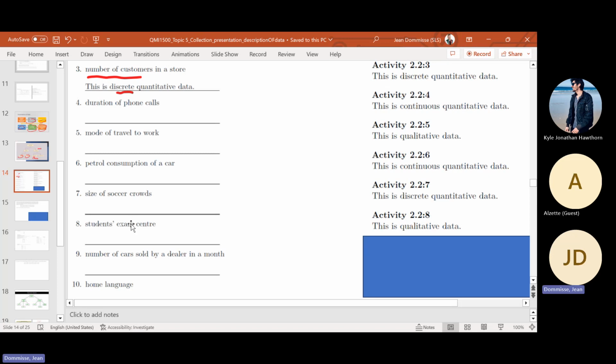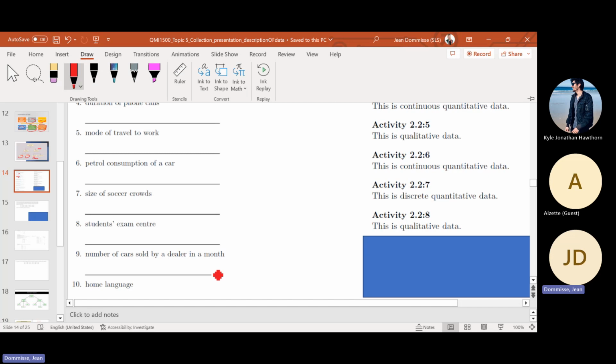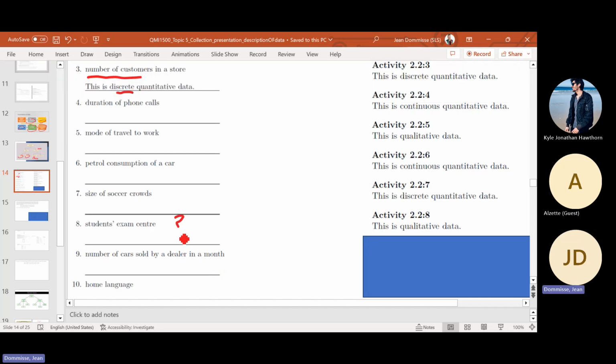So we've got one in Paro, we've got one in... Yeah, so this is a bit of a stupid one because it nearly feels like there's not enough information in here to really say if it is qualitative or quantitative.